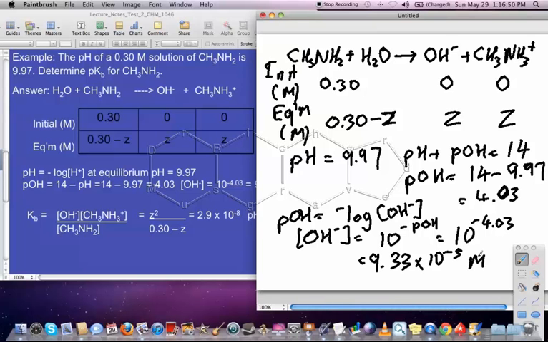Right, so that's our concentration of OH minus, which also happens to equal Z. The reason for that is because at equilibrium, Z is the concentration of OH minus.